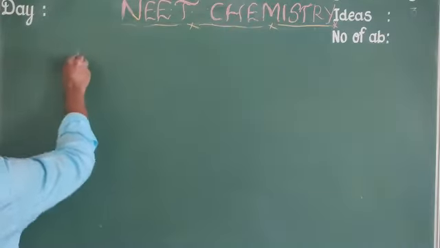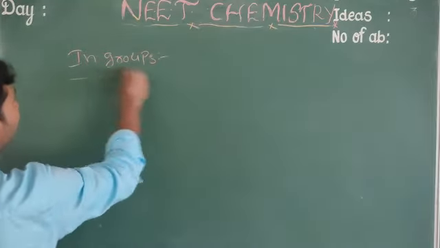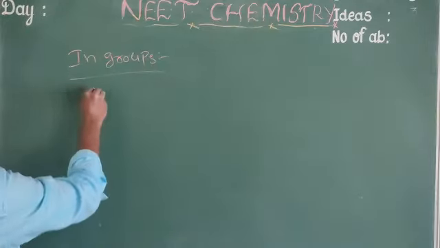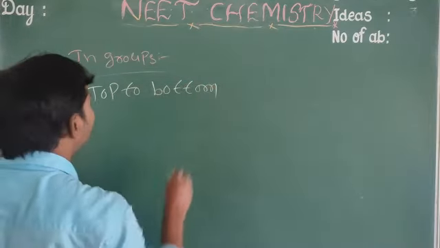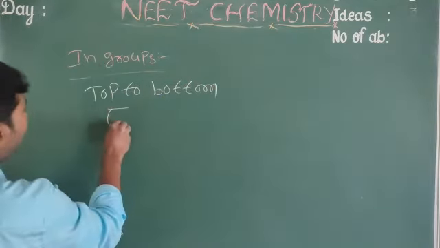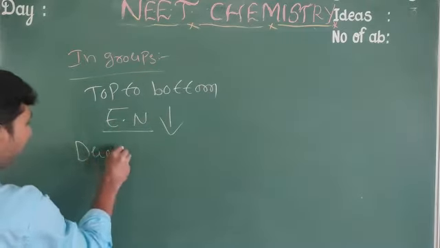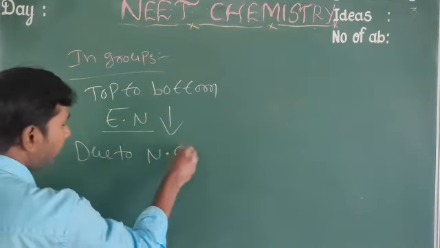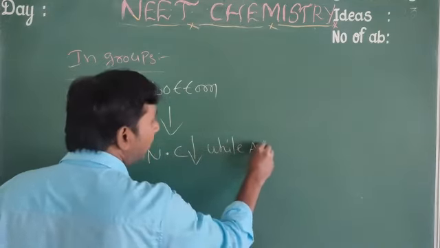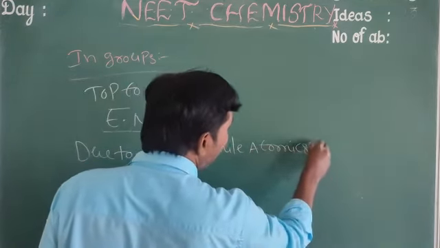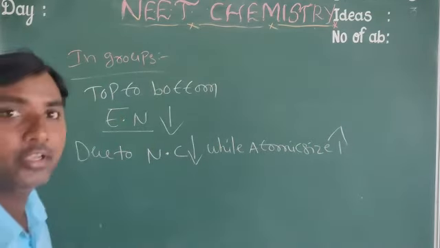That's why in groups from top to bottom electronegativity decreases due to nuclear charge decreasing while atomic size increases. Okay, this is how it varies.